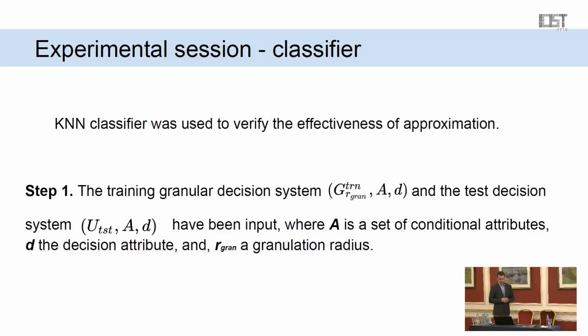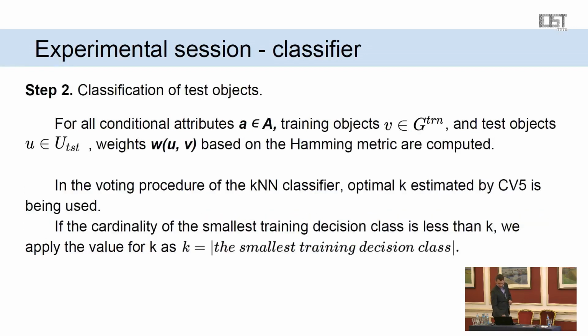The KNN classifier was used to classify and measure the effectiveness, the accuracy of our system. So we are dividing our data into training and testing data sets. Then we are also computing the optimal K, with the condition that when there are not enough elements in the smallest decision class, K is set as the number of those elements in that smallest class.